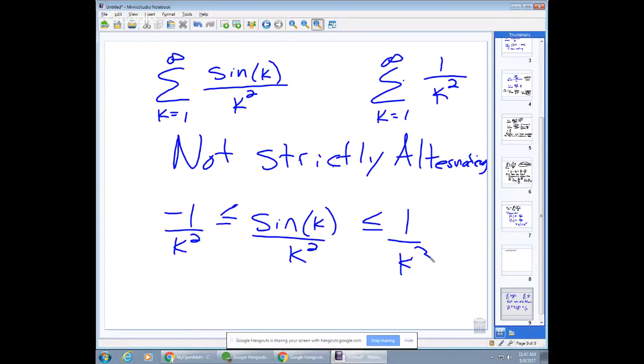So every single term fits this pattern. It doesn't matter what k is. k could be 1 or 2 or 3 or 4 or 5 or 6. The terms that I'm interested in lie between those guys. Well, that must mean the sums have to do the same thing.